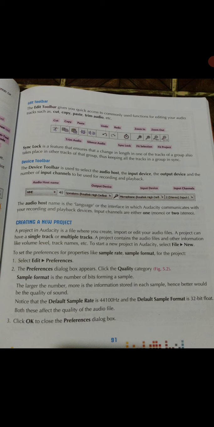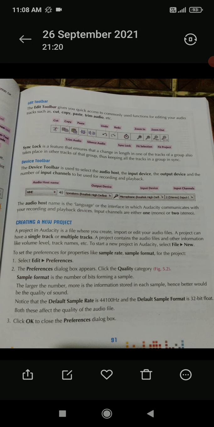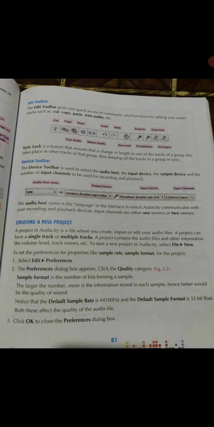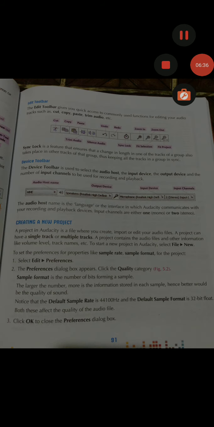Clear this much? In this part, two things are important: the default sample rate and the default sample format. I think everyone knows the value of the default sample rate: it is 44100 Hz. And the value of the default sample format is 32-bit float.